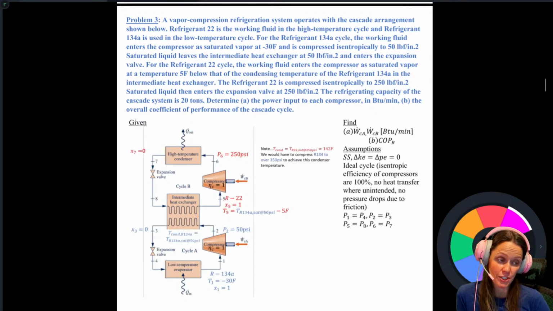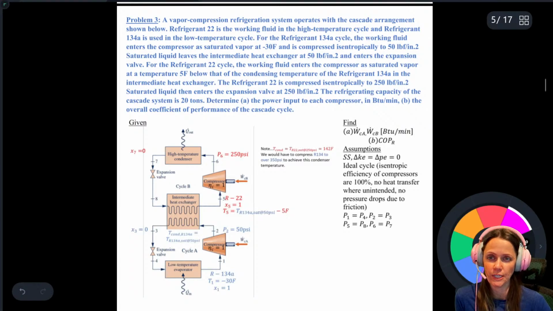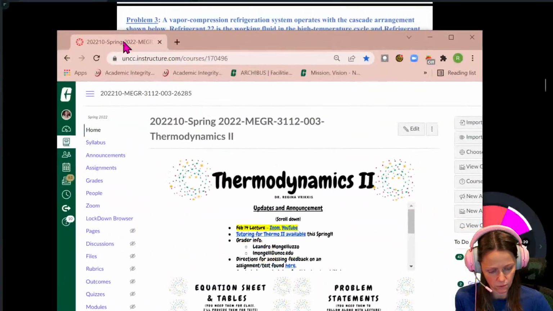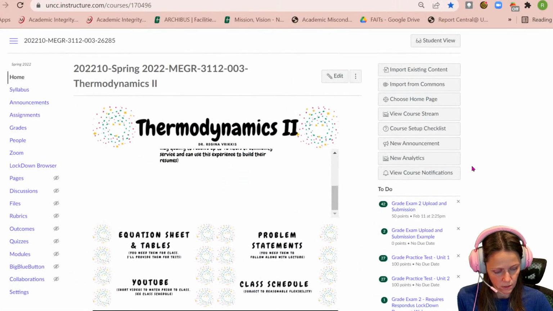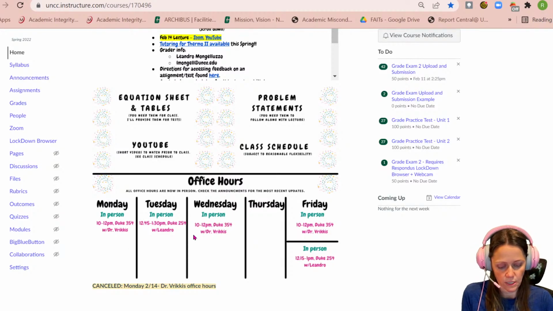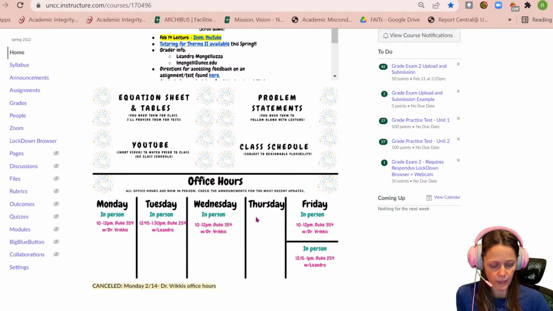All right, if you have questions, I forget, but I don't think there are office hours for Thermo 2 typically on Tuesdays. Maybe it's Thursdays that we don't have office hours, but there are quite a lot of office hours. So if you're struggling, make sure you take advantage of that.